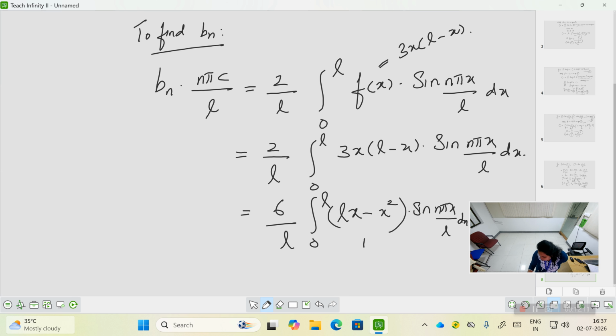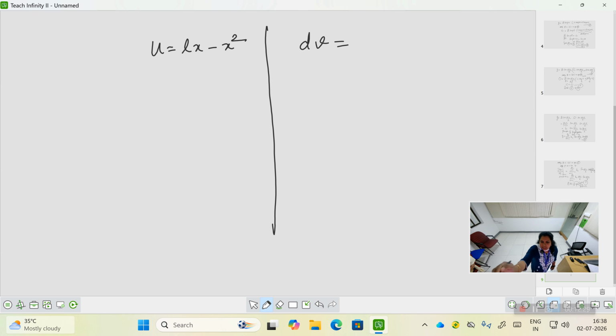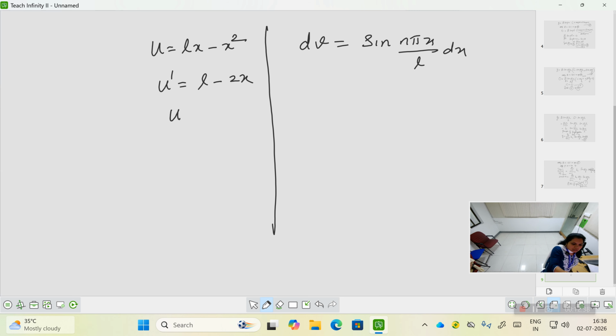So this is like Bernoulli, u dv. So what is the formula? uv minus u dash v1 plus u double dash v2, etc. So you are going to do Bernoulli now. u is Lx minus x square, dv is sin n pi x by L dx. So what is u dash? L minus 2x, u double dash is minus 2, u triple dash is 0.